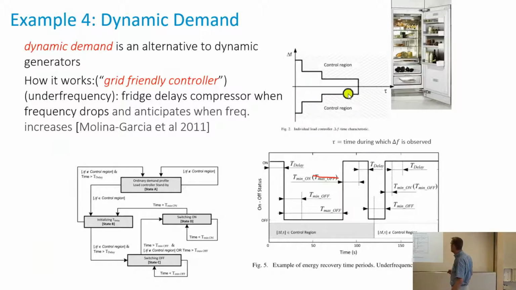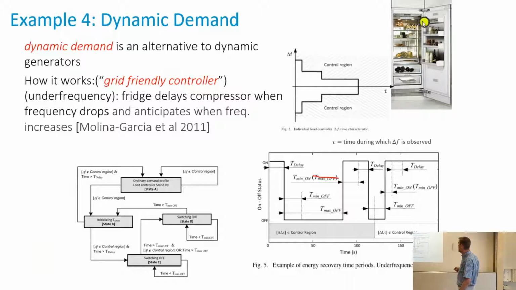If the temperature does not allow it, but you allow that if the temperature is low, I guess it means low here, or for some time, I guess this is for some time, you will allow some control. The control means delaying or possibly anticipating the cooling of the fridge here.